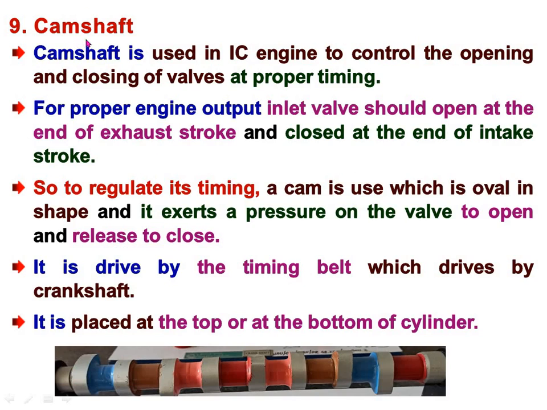Now, the next part is the camshaft. The camshaft is used in the IC engine to control the opening and closing of the valves at the proper timing. As we will study in the 2-stroke and 4-stroke engines, during the suction stroke, when the piston moves from the top dead center to the bottom dead center, at that time the inlet valve or suction valve is open and the exhaust valve is closed.